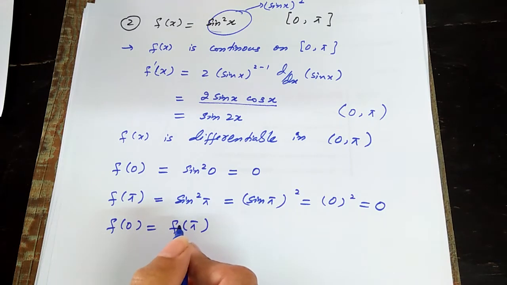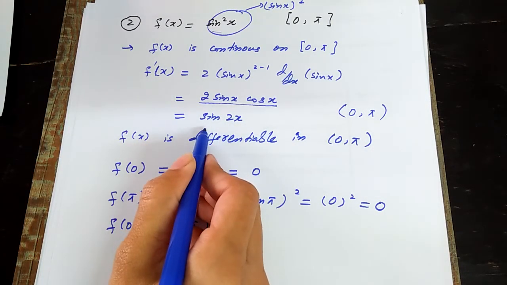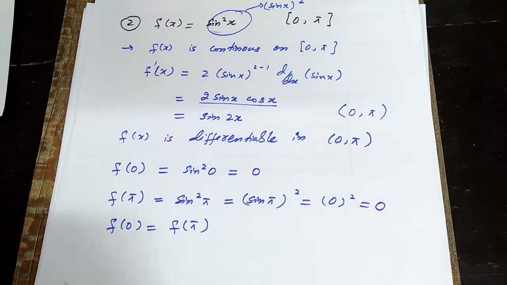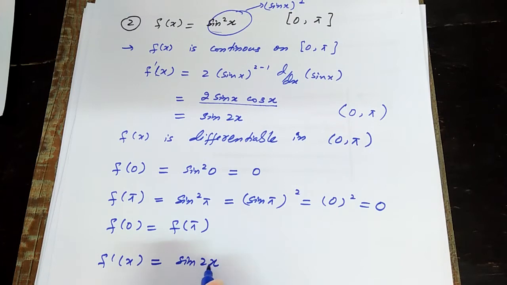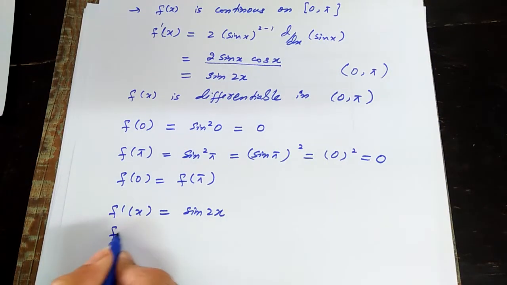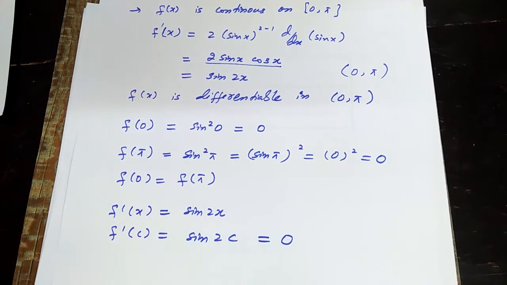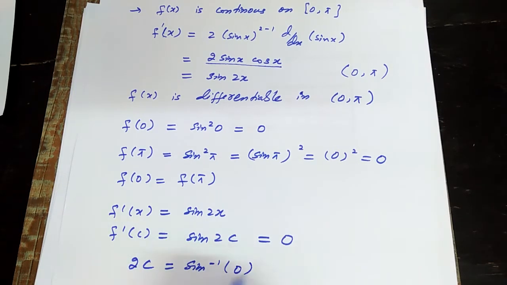Now we have to calculate the value for c. So you have to take this derivative value. F dash of x is equal to sine 2x. So f dash of c equals sine 2c and make it equal to 0. You have to take 2c equals sine inverse of 0.